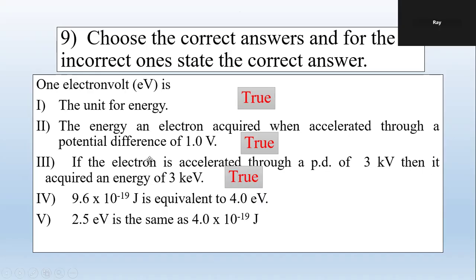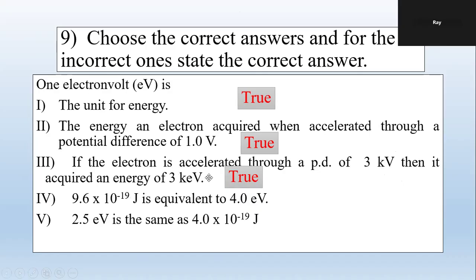If you want to find joule, then you use eV to calculate, where e is the charge on the electron and V is in kilovolt. So you get joule. So you divide by e, because 1 electron volt equals 1.6 times 10 to the power minus 19, same as the charge on the electron. So you get 3 kilo electron volt.